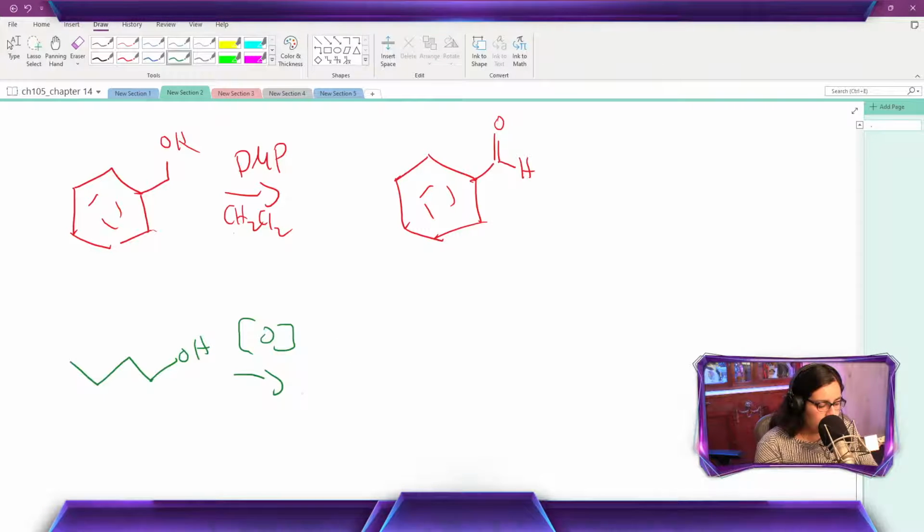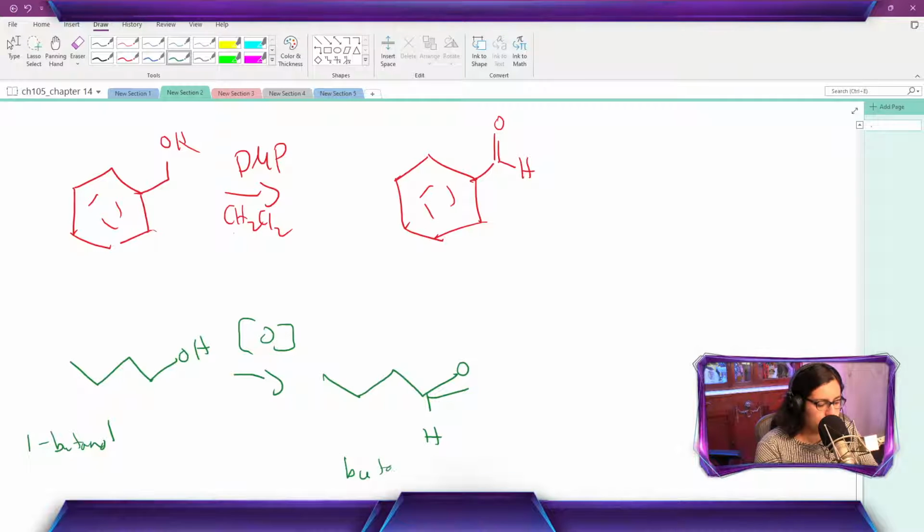And so our first step converts this to the aldehyde. So 1, 2, 3, 4. So this is our aldehyde. So we started with 1-butanol.